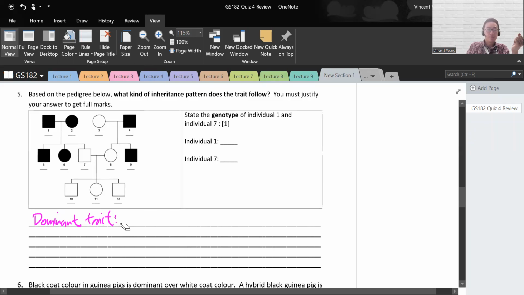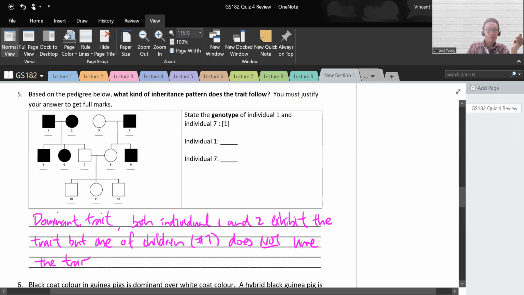And the reason: both individuals 1 and 2 exhibit the trait. We know they have the trait because they are shaded in on the pedigree. But one of their children, number 7, does not have the trait. So for that reason, it's going to be dominant.